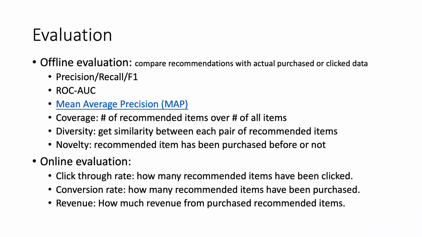If that gets higher, that means people click your recommendations, and that can somehow lead to their purchase or viewing or watching a movie, right? So that can cause a high conversion rate. If you have a high click-through rate, that can also result in a high conversion rate. Conversion rate means when people make the final purchase. And revenue is similar, like how much revenue is related to the recommended items.